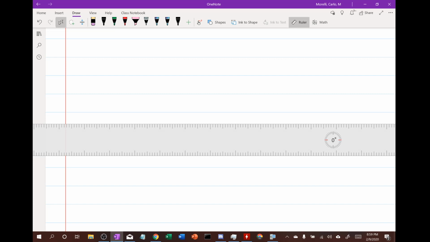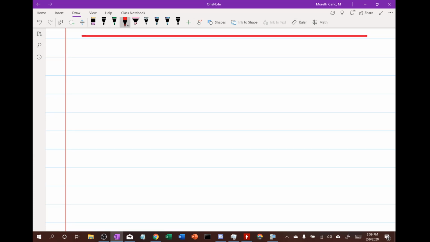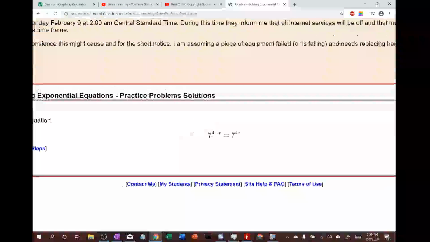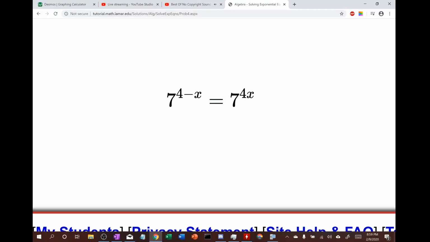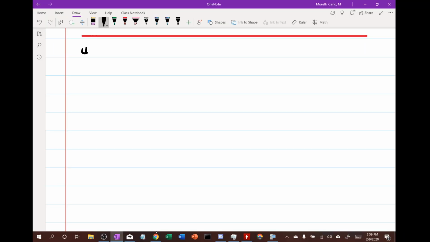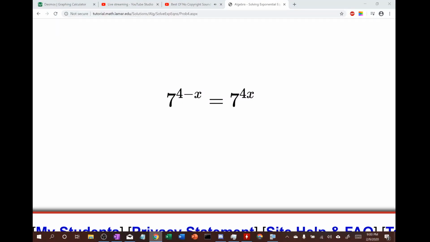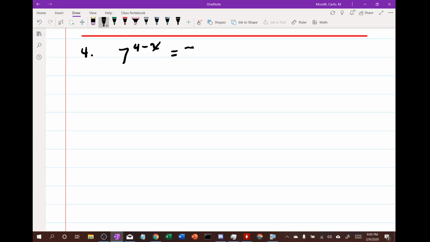So this is question number 4. 7 raised to the power of 4 minus x equals 7 raised to the power of 4x. Now, here's a question once we get this loaded: are the bases the same?